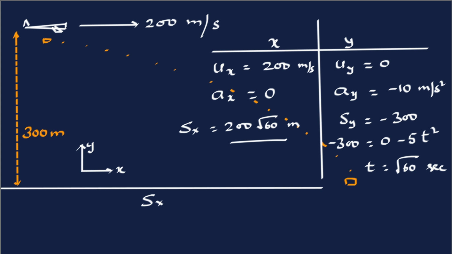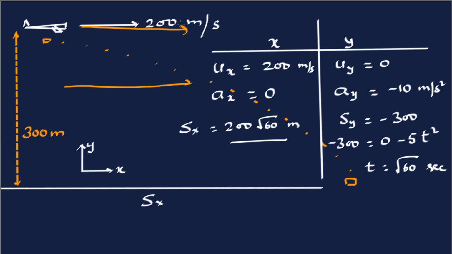Before I go on to the next problem, let me point out something very interesting. Supposing the plane continues to move at 200 meters per second, the bomb's horizontal velocity of 200 meters per second doesn't change because there is no acceleration in the x direction. So at all times, the horizontal displacement of the bomb and that of the plane are going to be the same.